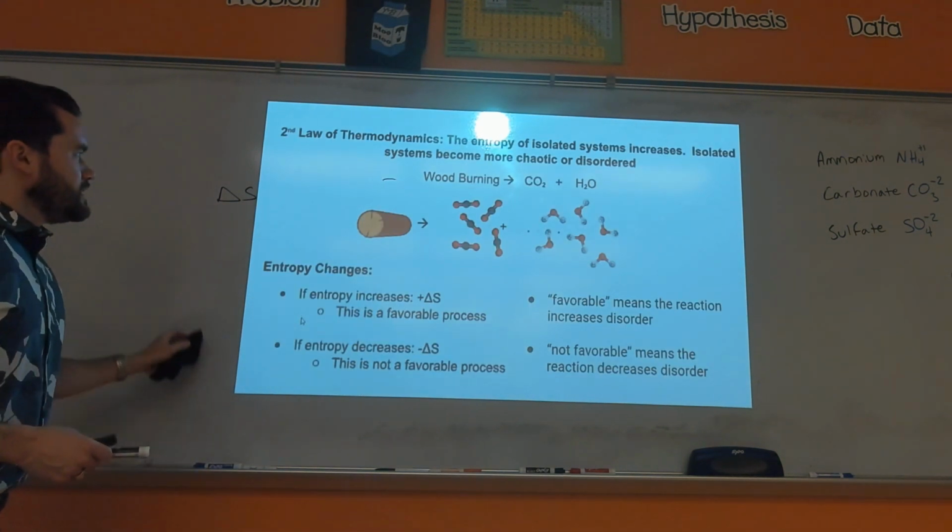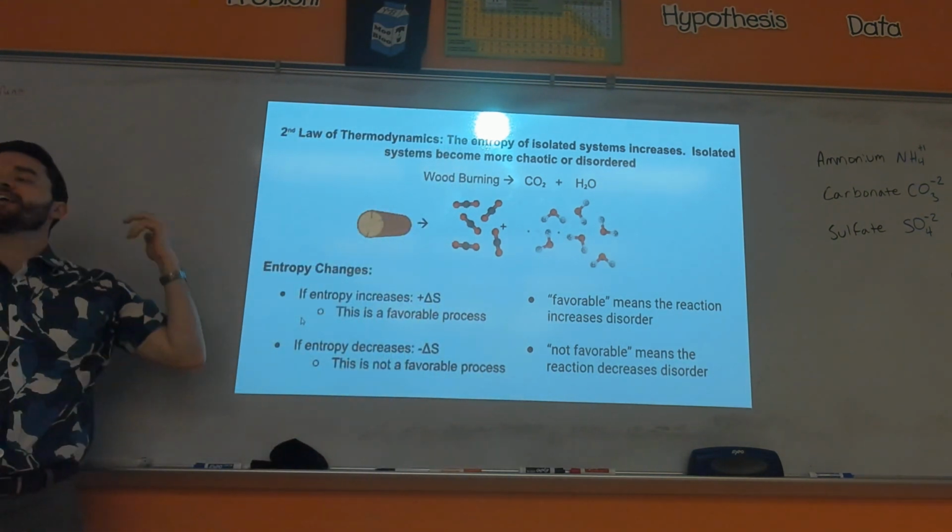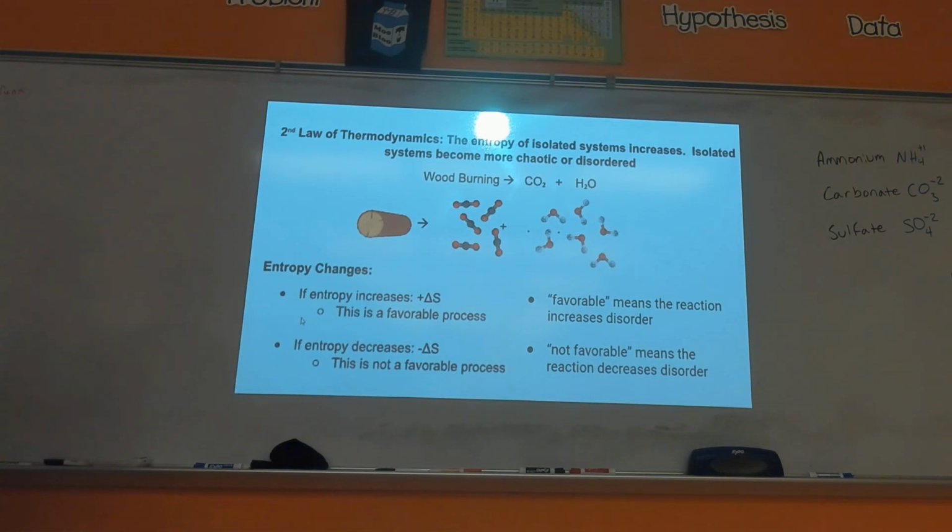All right. Now, there's something called the second law of thermodynamics. The second law of thermodynamics is basically a law about entropy. It's saying that if you're looking at an isolated system, so basically the entire universe, the entropy of the universe is always increasing.